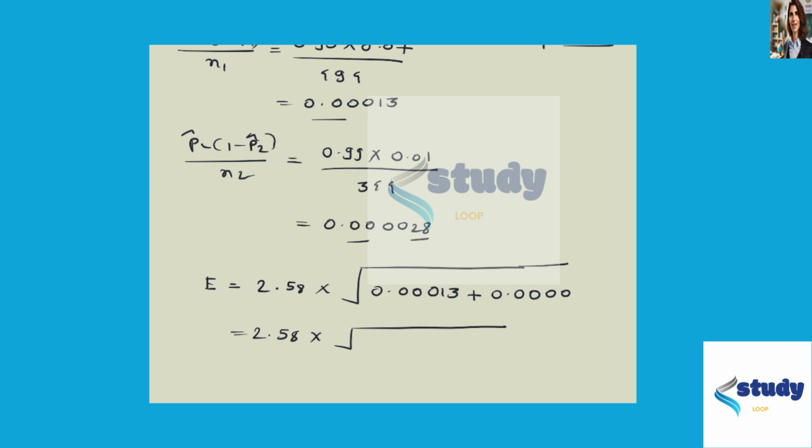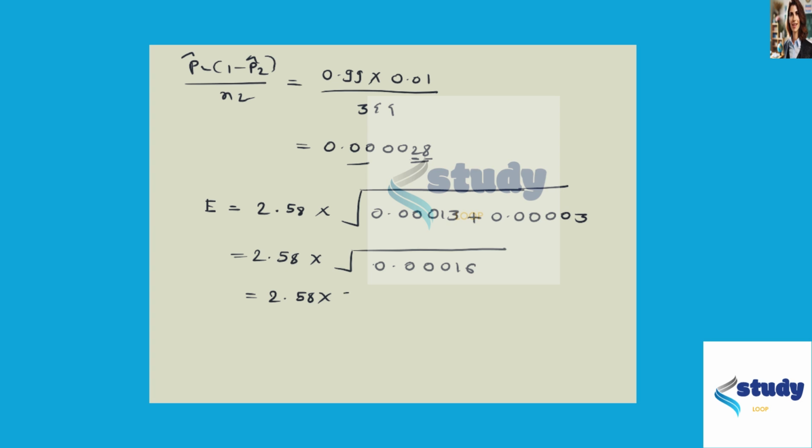This value is too small, so approximate up to this point. Here is 8, then add 1 here. So now simplify it, we get this value as 0.00016, which equals 2.58 into under root of 0.00016, equals 0.0126.